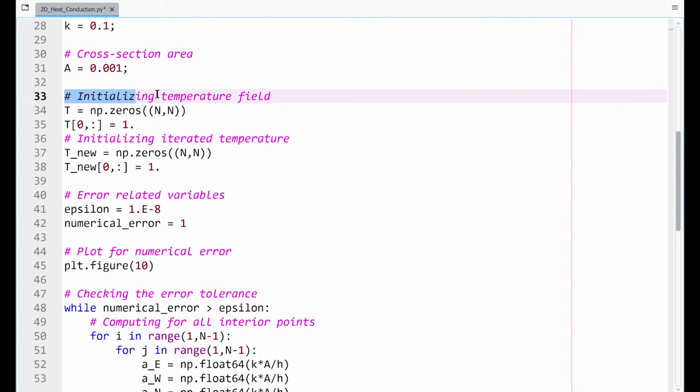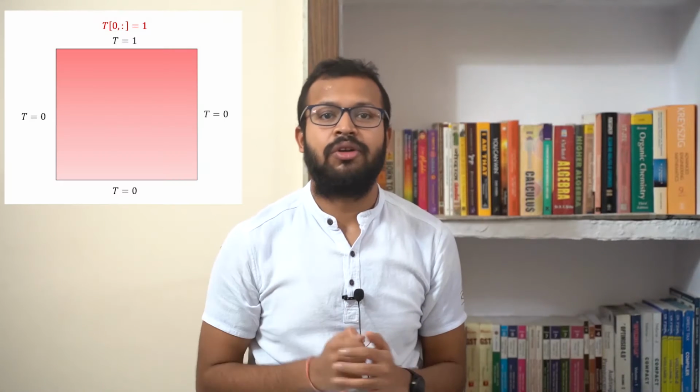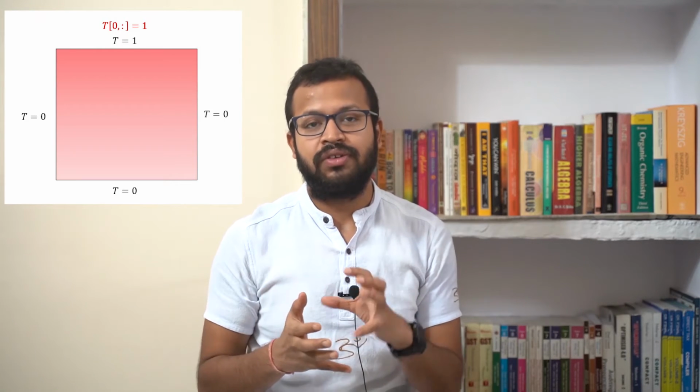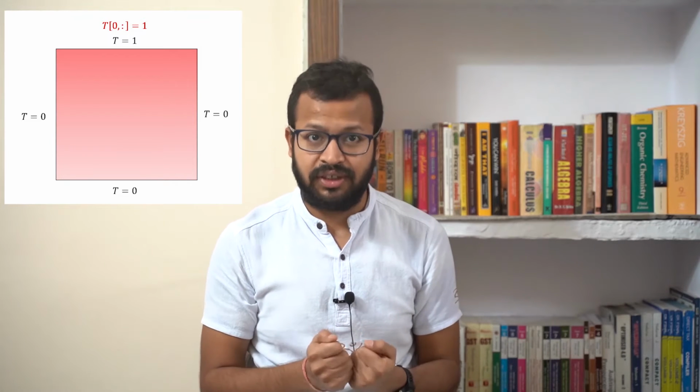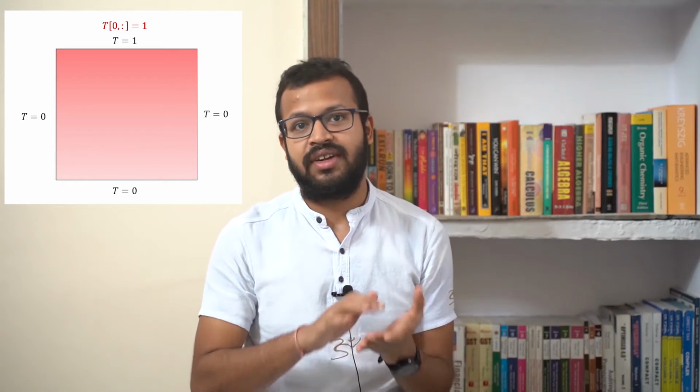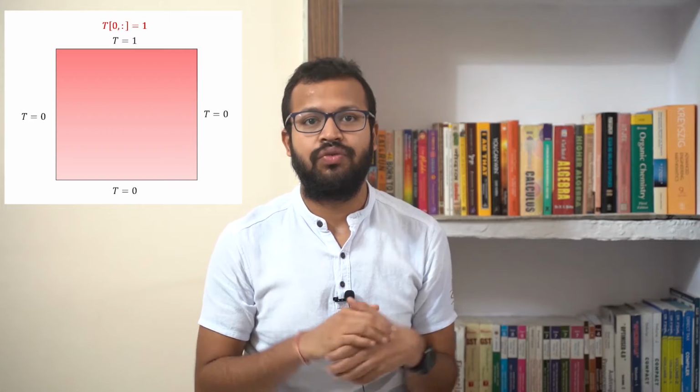Then after that we initialize the temperature field. These two lines here are basically initializing a two-dimensional temperature field, and we are having a top boundary equal to 1. So remember this particular problem. We are going to solve a problem where three boundaries of the system are at 0, and one of the boundaries, the top boundary, is at a temperature of 1.